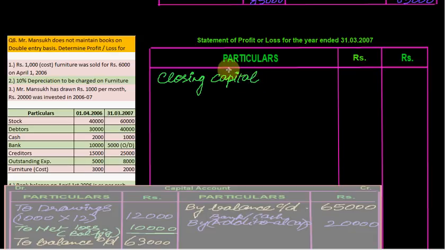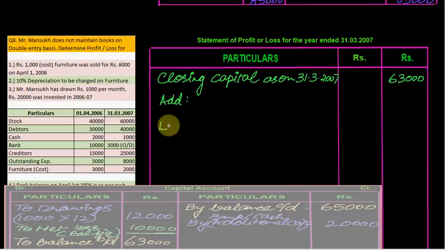Closing capital, or capital as on 31/3/2007. How much capital? Closing capital, we found out as 63,000. Now add less.